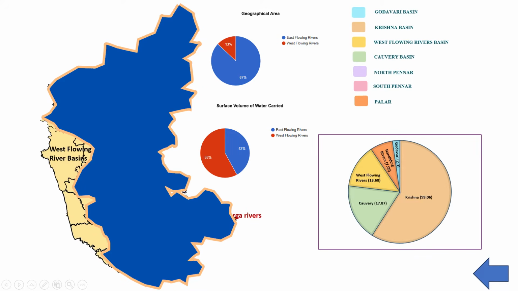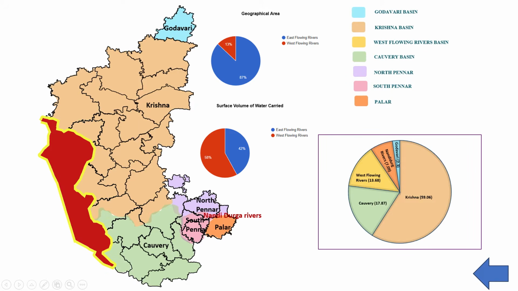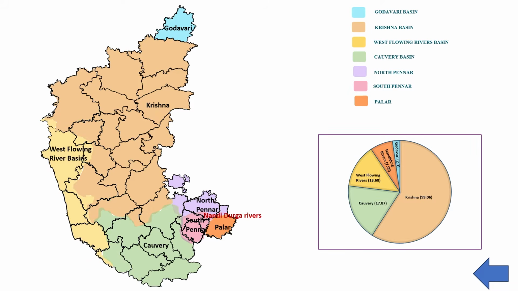whereas the west flowing rivers to the west of the Western Ghats occupy only 14% of land area. So this yellow patch here is the 14% of total area of Karnataka, but it has a volume of 59% of total surface water that Karnataka gets.